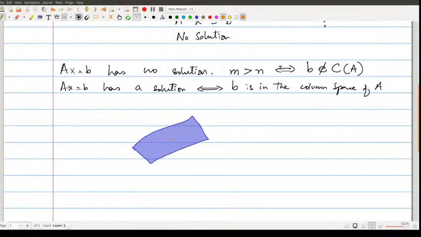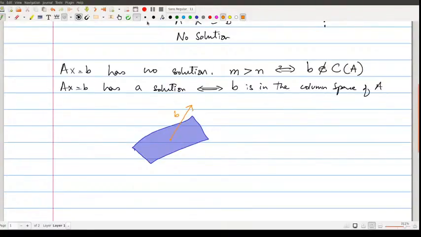The problem I'm running into is that this vector b comes out of this plane. So there's no combination of vectors within this column space that I can combine to give me this b, because the linear combinations of the columns of A are restricted to this plane. So I can't solve that equation.